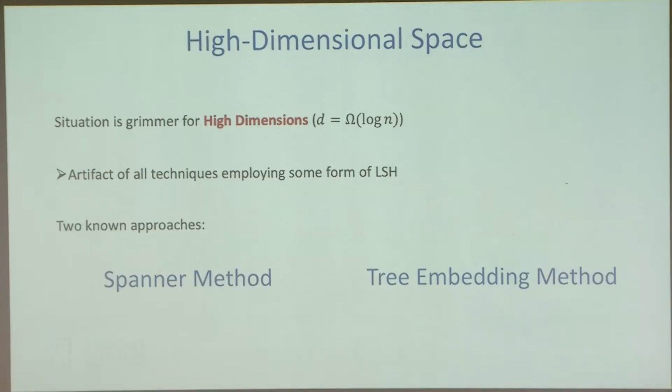However, when we consider the high-dimensional case, the problem becomes hard. All the previous approaches use two categories of methods, both of which use locality-sensitive hashing. One type is the spanner-based approach, and the other is the tree-embedding-based approach.